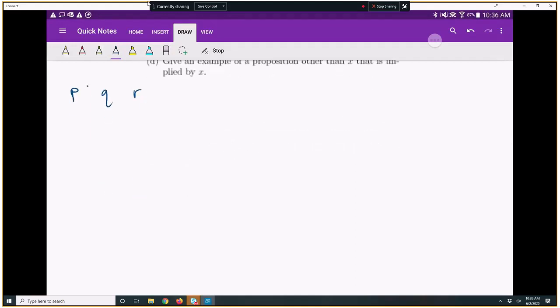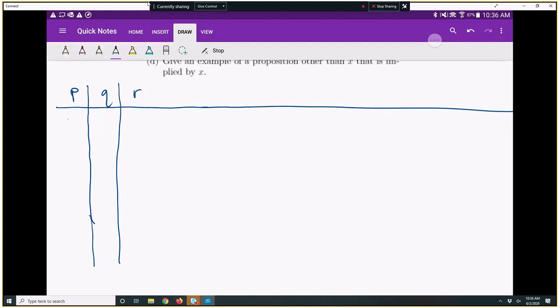And we know we're going to have 8 rows in our truth table. We're going to start with P is true, true, true, true, false, false, false, false. Q as true, true, false, false. Then true, true, false, false. And R we're going to alternate true, false, true, false, true, false, true, false.